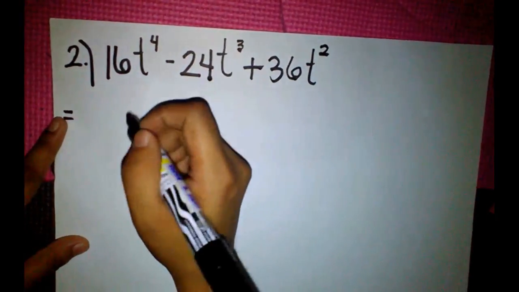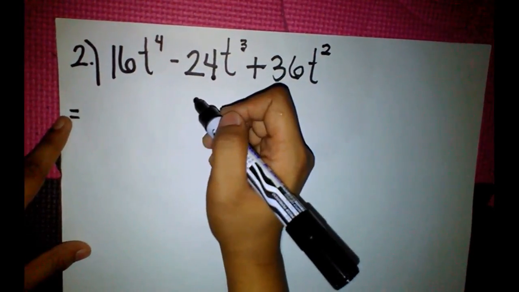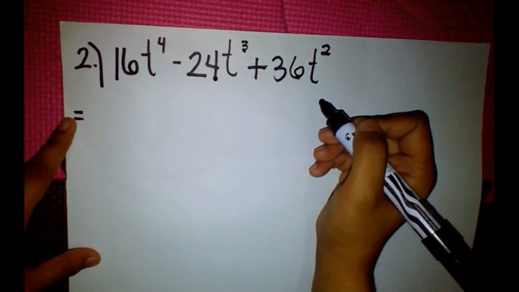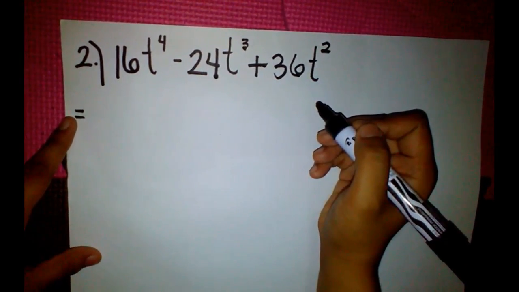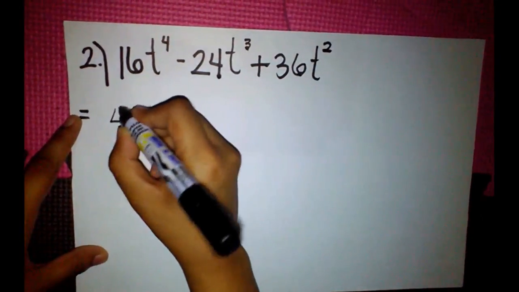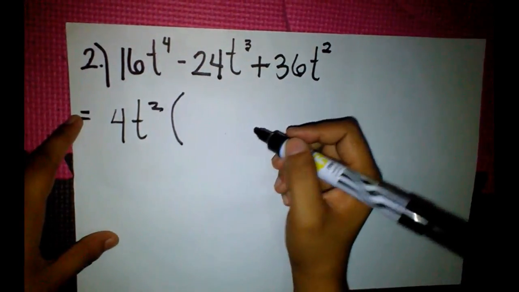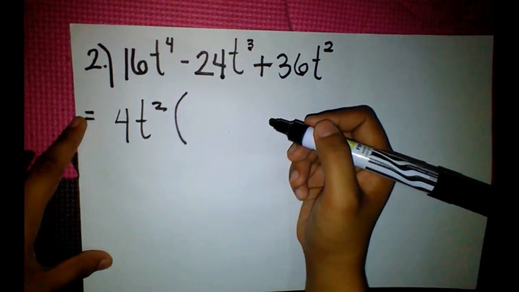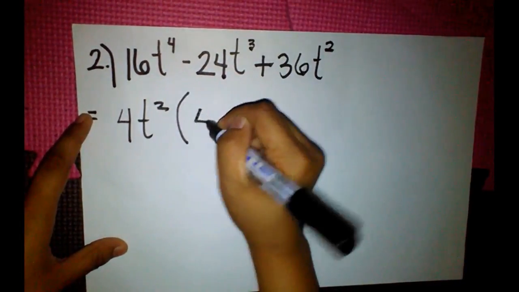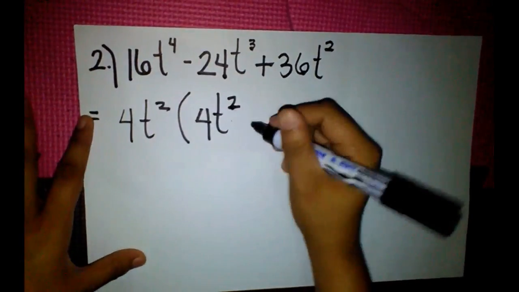For number 2, we have 16t to the power of 4 minus 24t cubed plus 36t squared. First, we have to find the GCF of these three terms. We have 4t squared. So let's divide. 16t to the power of 4 divided by 4t squared is 4t squared.